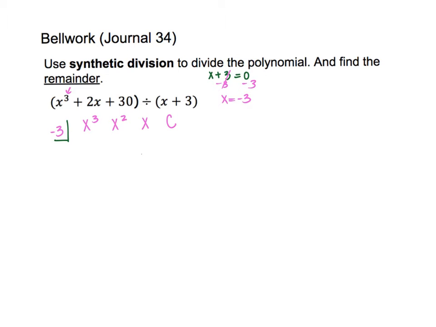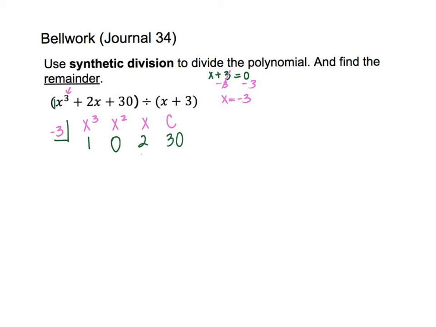In this case, you have a 1 in front of x cubed, so a 1 underneath it. You don't have an x squared. Notice you don't have an x squared here. If you don't have that term, you put a 0 there for the coefficient, because 0 times x squared makes it disappear, which is why it's not there. Then you have a 2 in front of the x to the first power, so I'm going to write 2 underneath, and then you have a 30 for the constant.